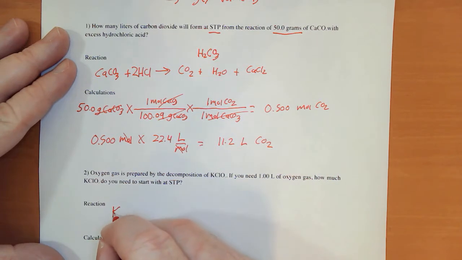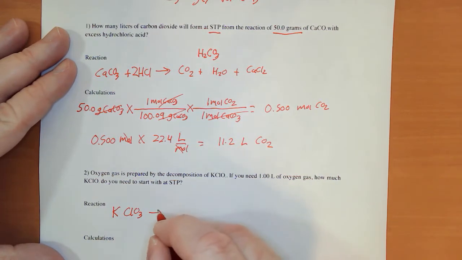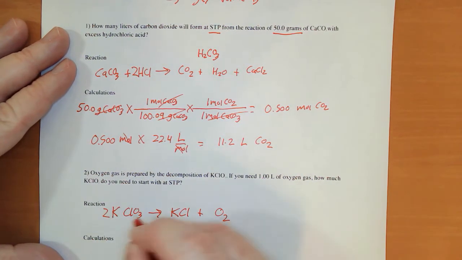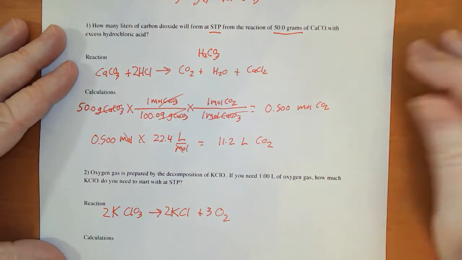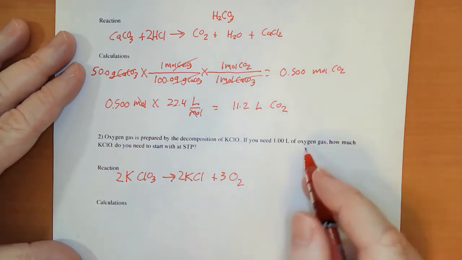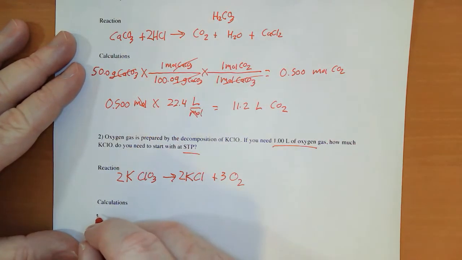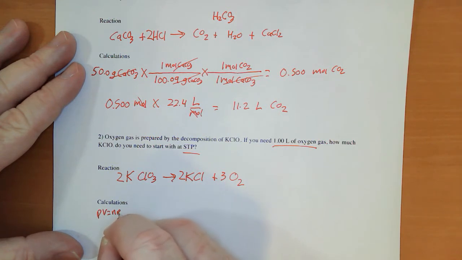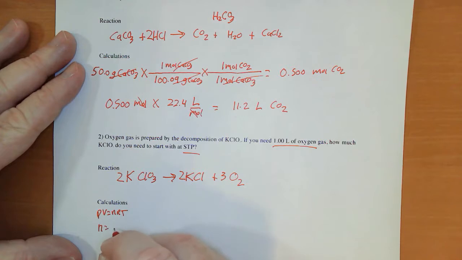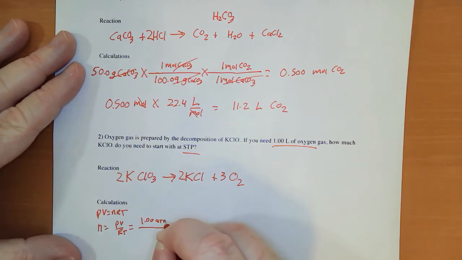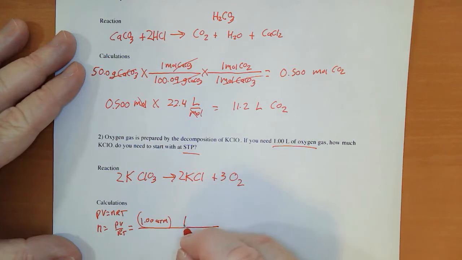So our reaction is KClO3 decomposing. That's going to give you KCl and O2. That balances 2, 2, and 3. Now, 1 liter is what I'm looking for. Again, it's at STP. So PV equals nRT. n is equal to PV over RT. And in this case, 1.00 atm, then that's the 1.00 liter I'm looking for.